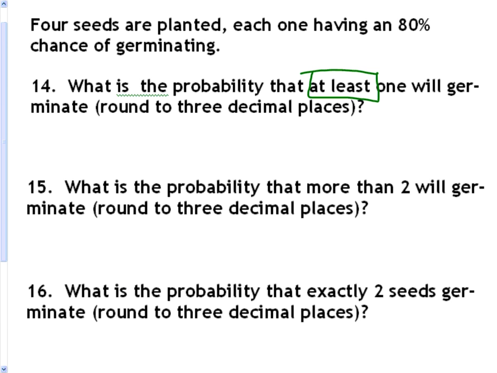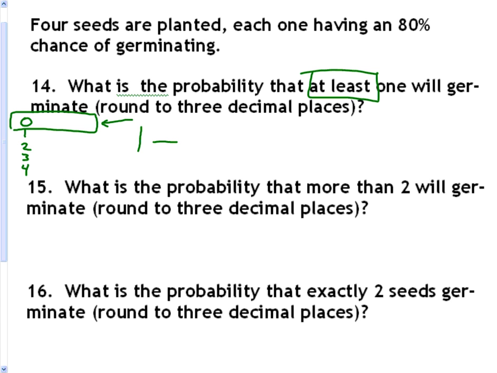So you either have to figure out the probability of 1, 2, 3, and 4 things germinating, and then it's this, or this, or this, or this, and or means add them all up. Or I could do it smarter. Do you remember what to do? Sid remembers. Yes, find this one. 1 minus that one.